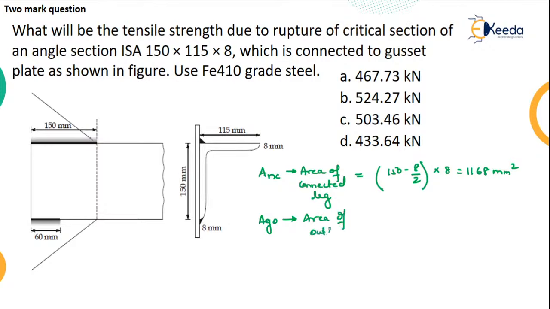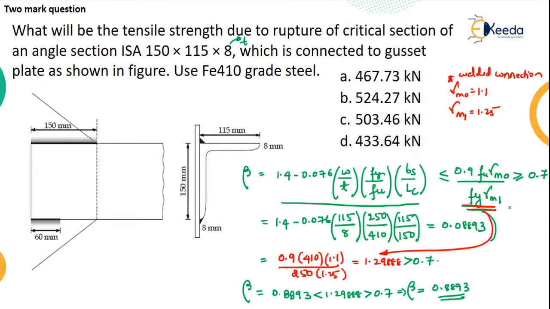Area of outstanding leg is equal to what? 115 it is, right? So 115 minus 8 by 2 into the thickness. So how much will you get? 888 mm square.